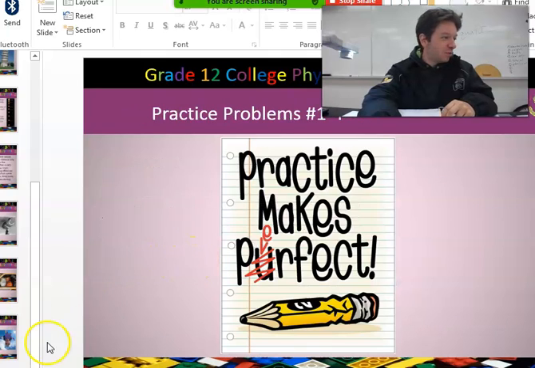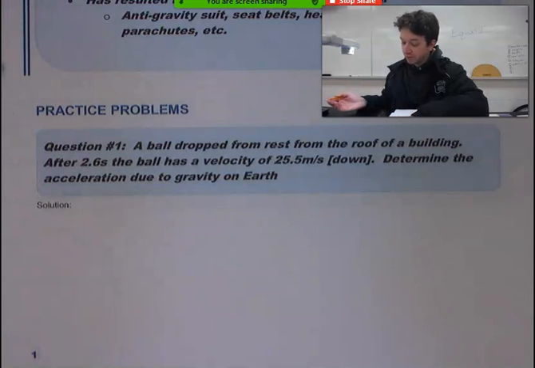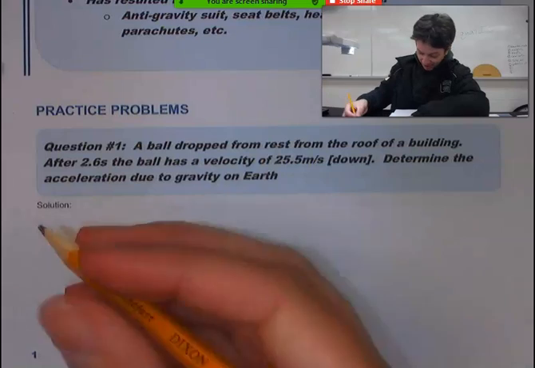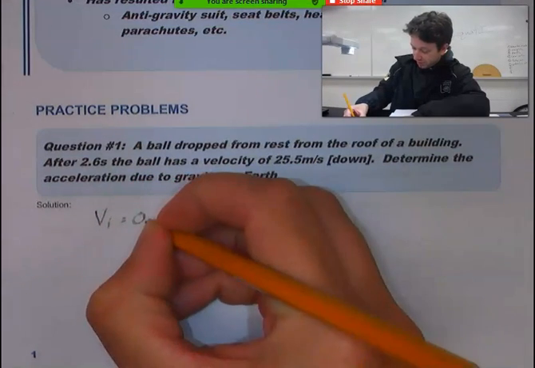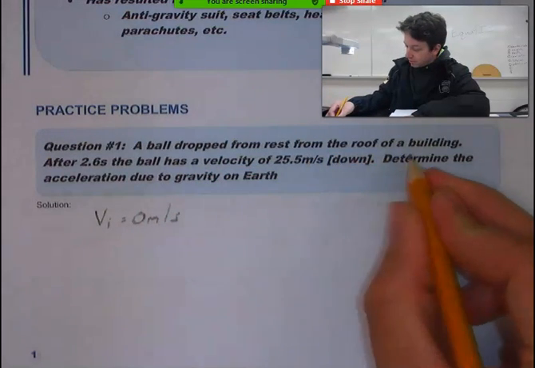Alright, before we go on, let's go over some practice problems. The first one says a ball is dropped from rest, so that already tells us our initial velocity is 0 meters per second, from the roof of a building.